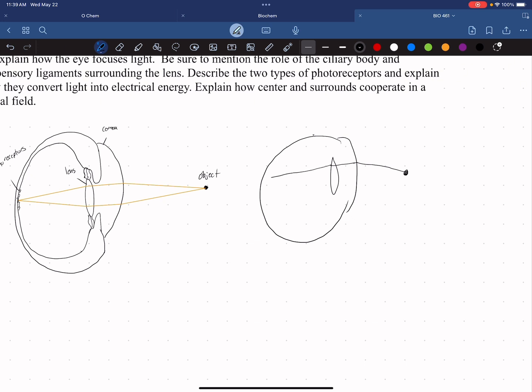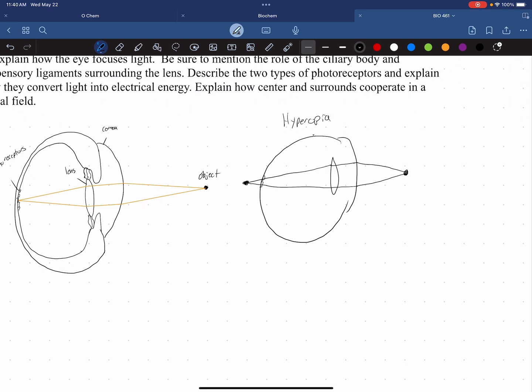But instead of converging at the back of the eye where the photoreceptors are, it will converge back here behind the eye. So at the point where the photoreceptors are, things will seem blurry. And this is specifically for things that are close up, and this is called hyperopia.